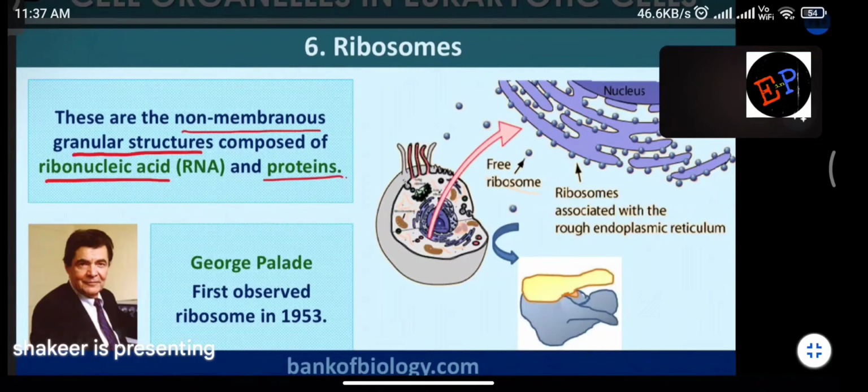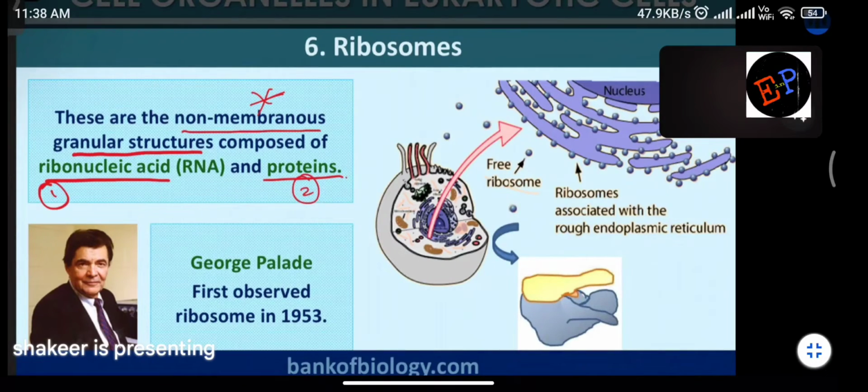And the most important point is they are non-membranous granular structures. So ribosomes do not have any membrane. They consist of ribonucleic acid, RNA, and they contain proteins also.